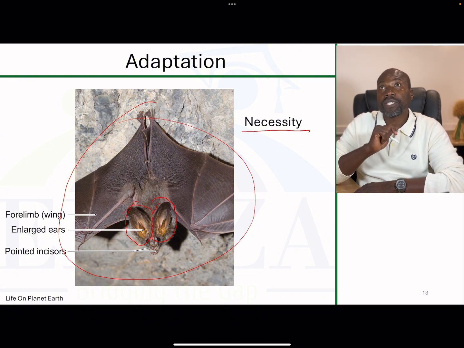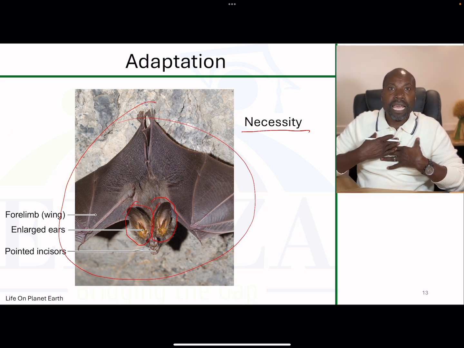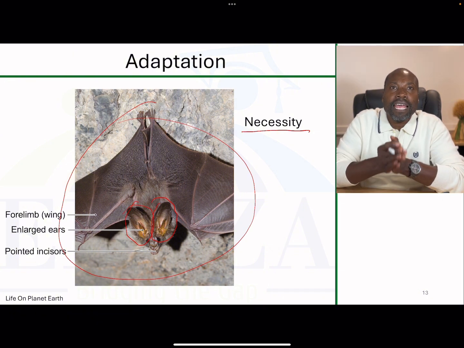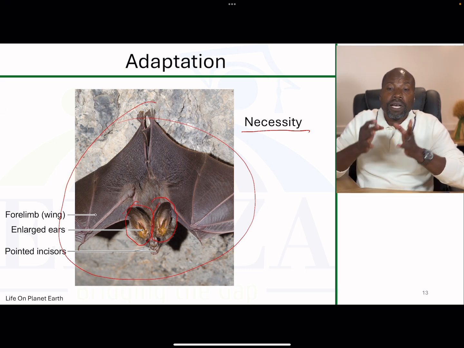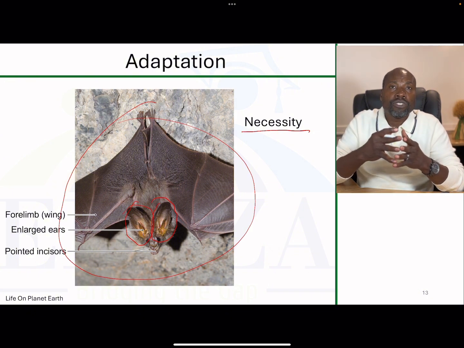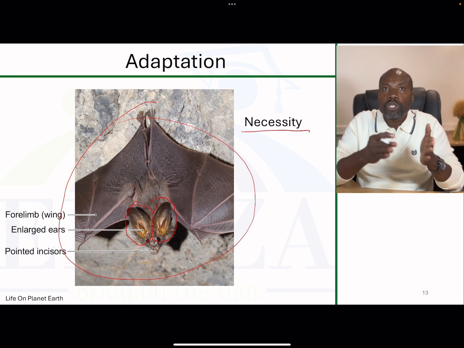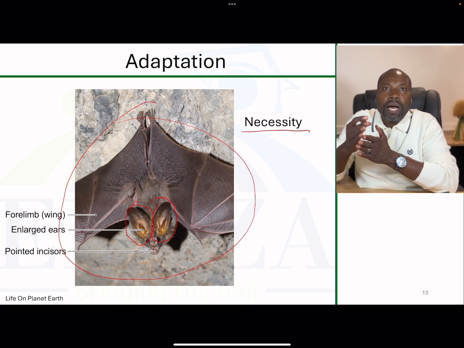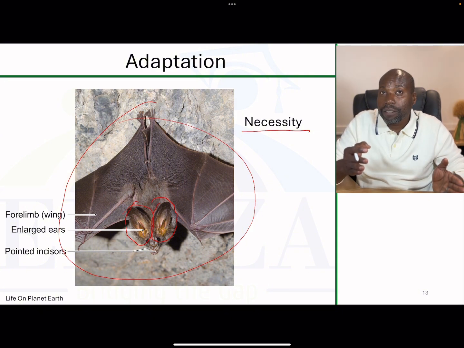Well, and I should also say that adaptation does not happen by design, in the sense that one organism says, I'm going to adapt to this environment and grow an adaptation. That doesn't exist, right? What does exist is that a given organism has a certain genetic makeup, and that genetic makeup will happen to be an advantage for the organism or not, right?